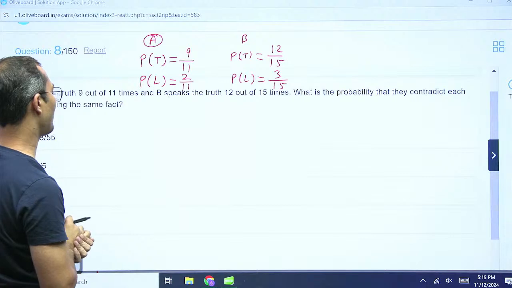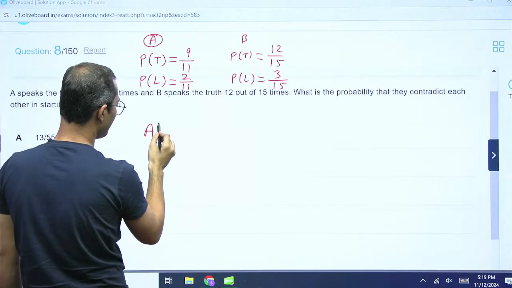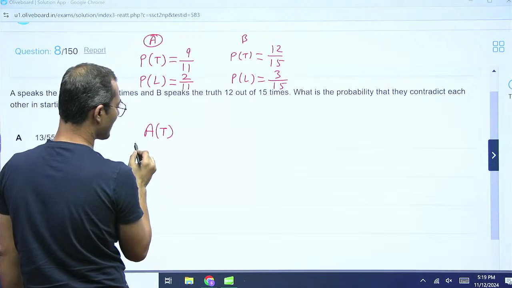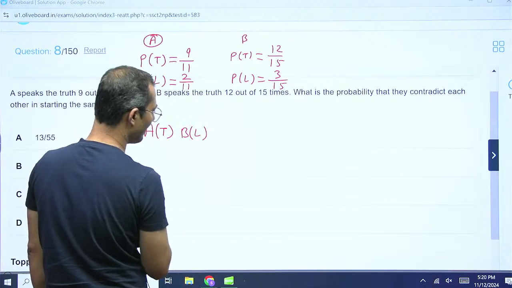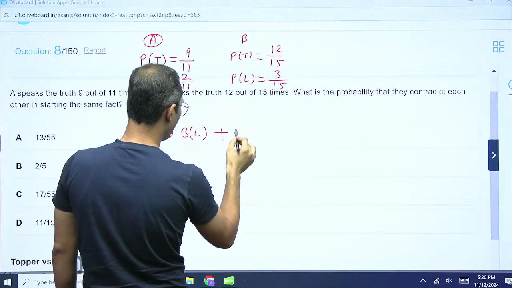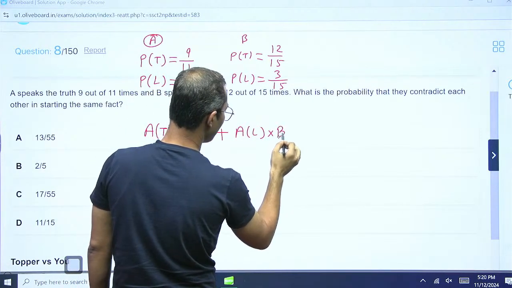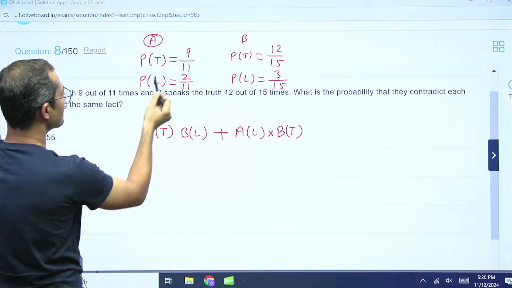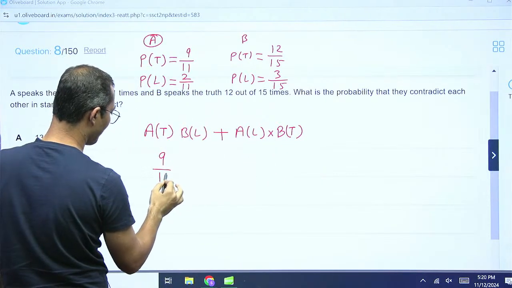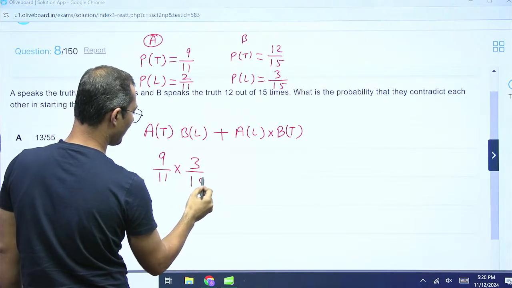If they contradict each other, it means A is telling truth and B is telling a lie, plus if A is telling a lie, B is telling truth, right? So for A, the probability of telling truth is 9 by 11. In that case, B will lie, so the probability is 3 by 15, right?